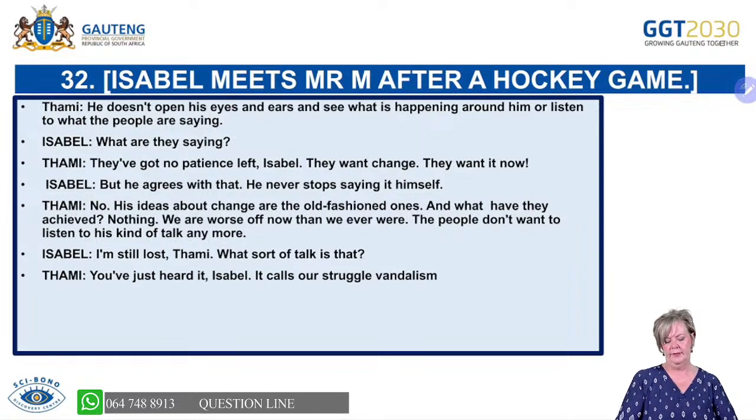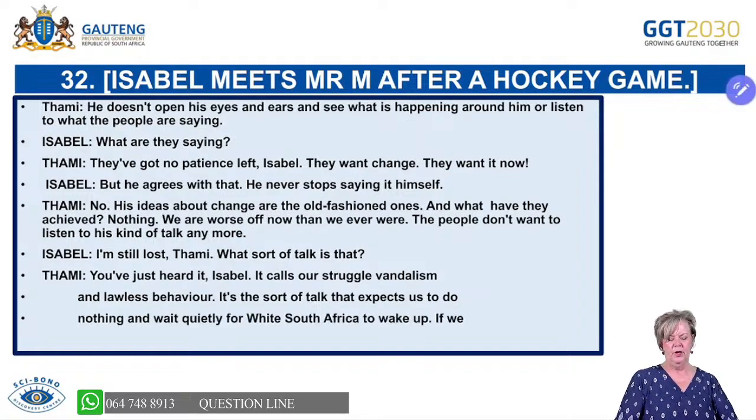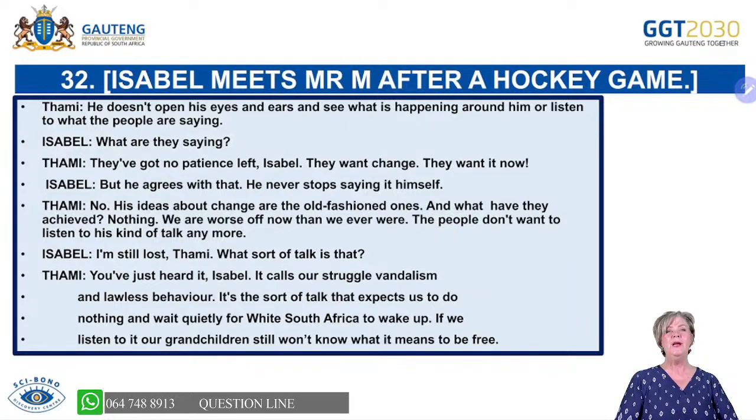Tommy: You've just heard it, Isabel. It calls our struggle vandalism and lawless behavior. It's the sort of talk that expects us to do nothing and wait quietly for white South Africa to wake up. If we listen to it, our grandchildren still won't know what it means to be free.